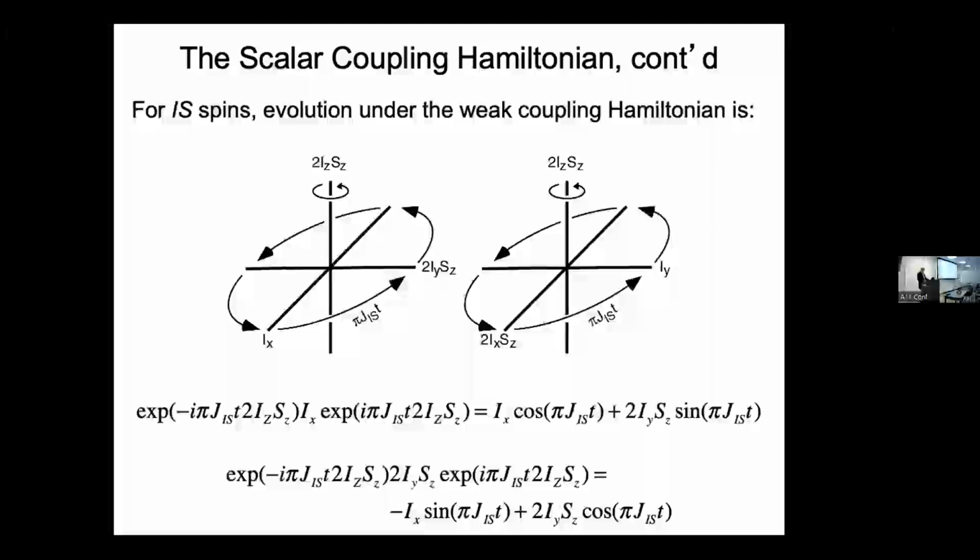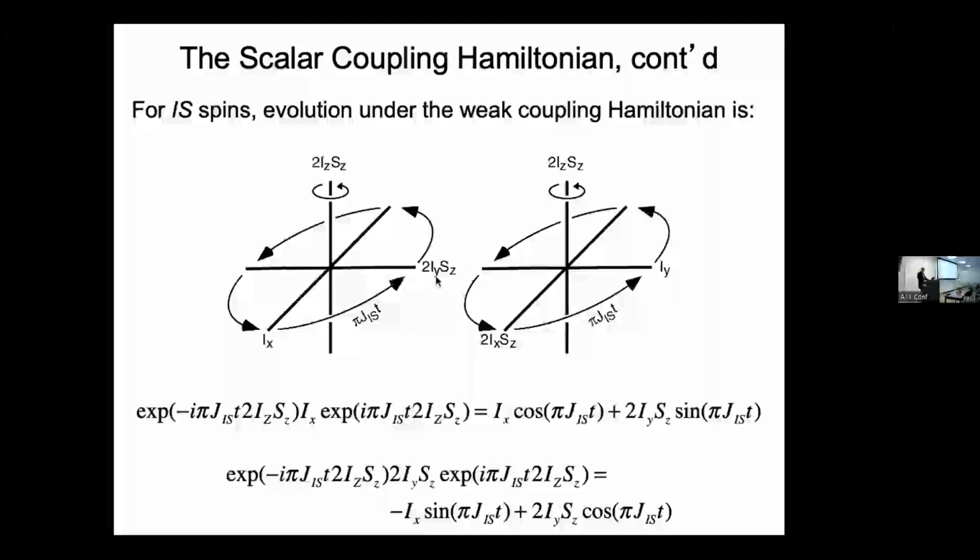And now the Z-axis I decorate with an SZ. That's the scalar coupling operator, right? The scalar coupling Hamiltonian had in it the operator 2IZSZ. And then I put another SZ on one of the transverse axes.